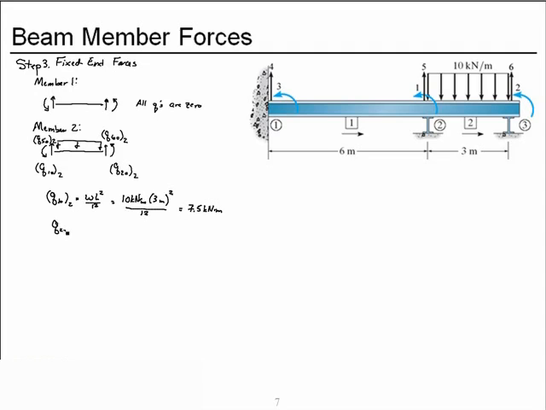At the other end, the fixed end force is going to be a minus omega L squared over 12, because in the inside back cover it's drawn clockwise, but our moments are positive when counterclockwise.